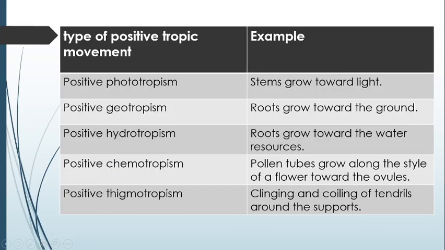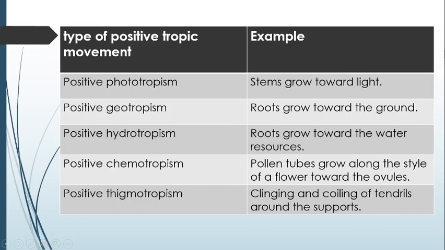Here are some examples for each positive tropic movement. The stems of plants always grow toward light. It is a positive phototropic movement. Then the root always grows toward the ground. So it is a positive geotropic movement.